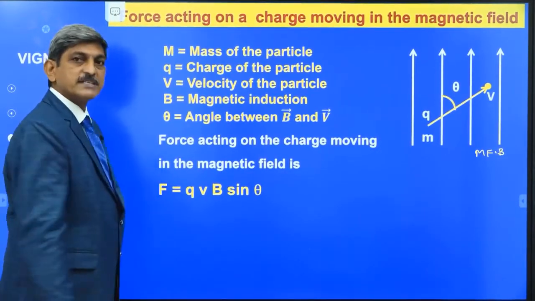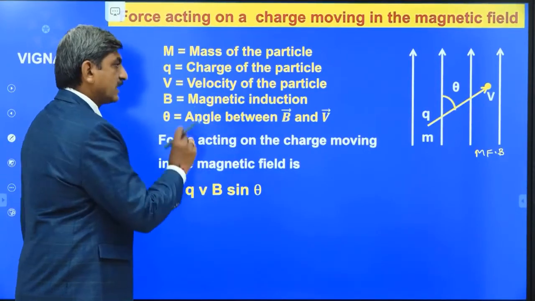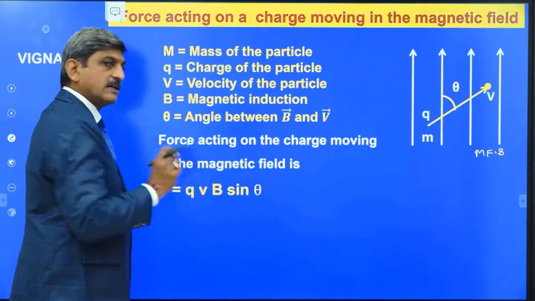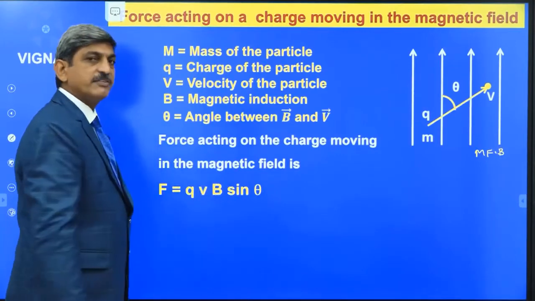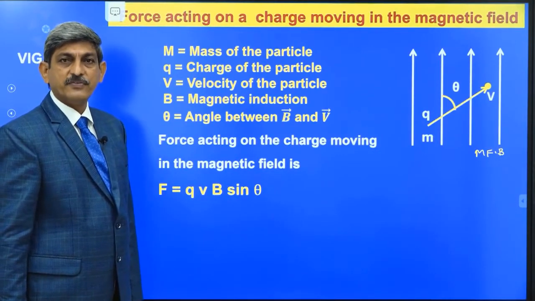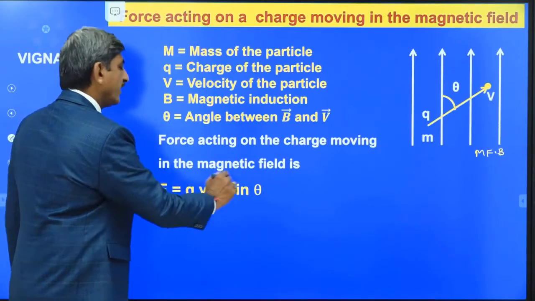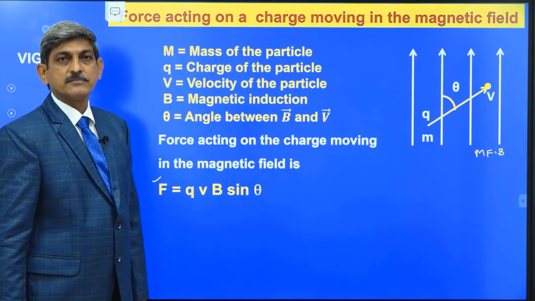So the force depends upon the charge q, the velocity of the particle v, the magnetic induction of the field B, and the angle between the velocity and the magnetic field vector. F = qvB sin theta gives the magnitude of the force.